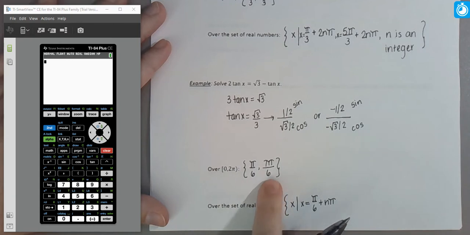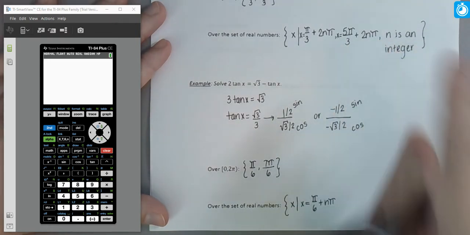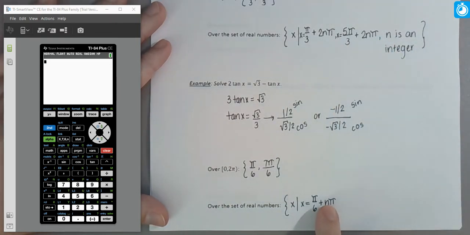And then we could do the same thing with 7 pi/6. Now, normally I would write that out just like I wrote it out here, but I want you to notice something. If you were to take, for instance, n equals 1, you would take pi/6, add on pi, which we could think of as 6 pi/6, and in so doing, you would actually generate 7 pi/6.